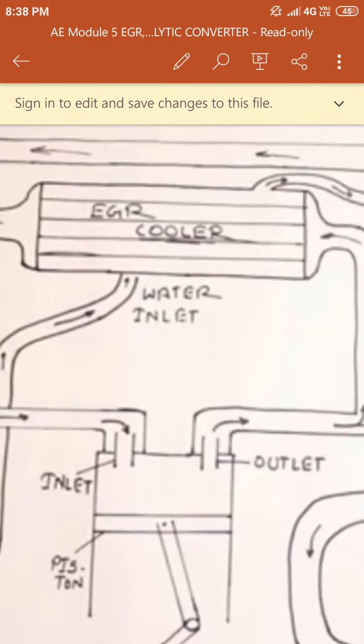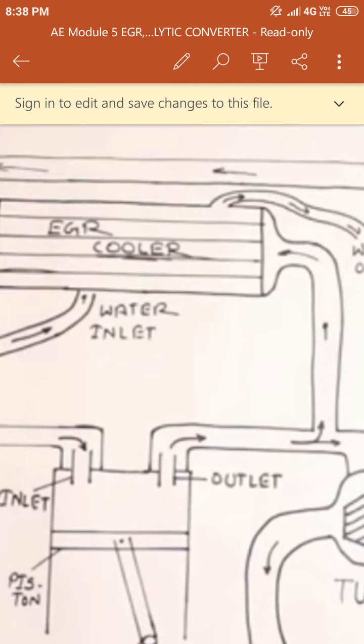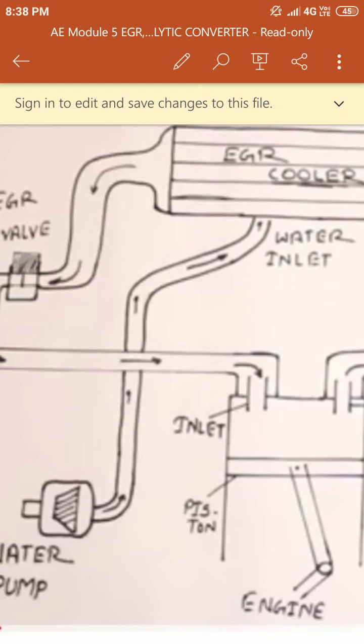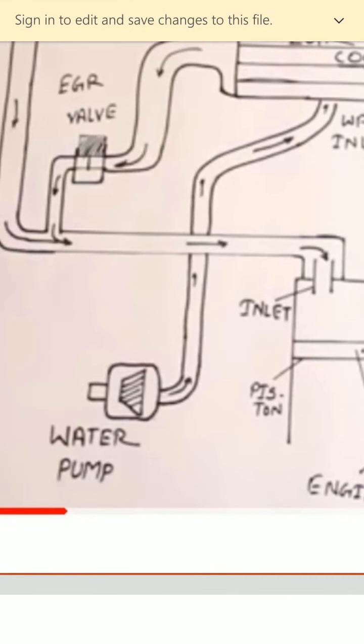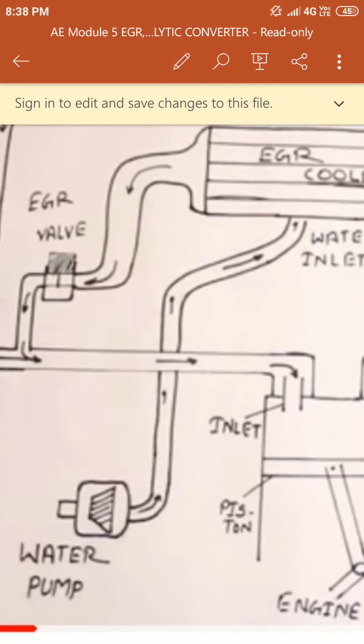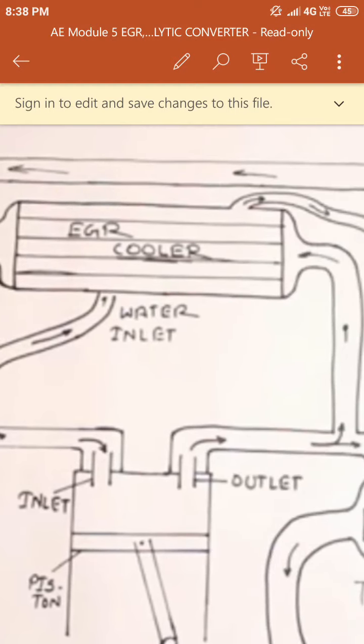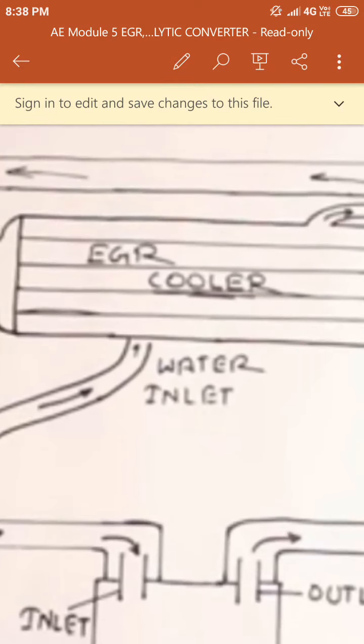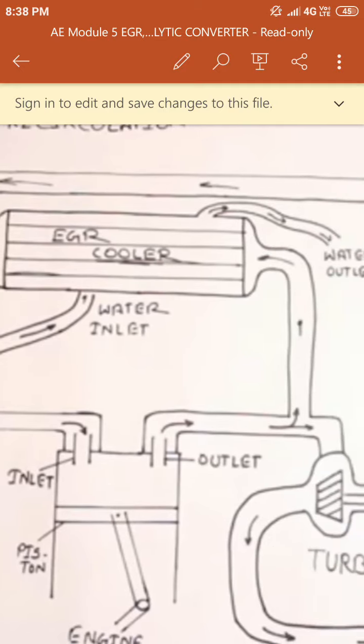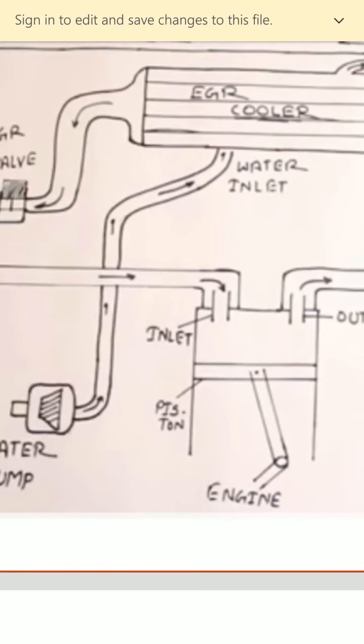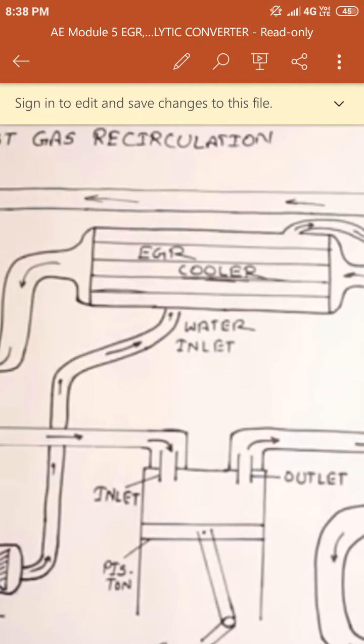Now the exhaust gas enters the EGR cooler. At the same time, water is pumped from the water pump into the EGR cooler. The exhaust gas is hot and the water is cold, so automatically an exchange of heat takes place.